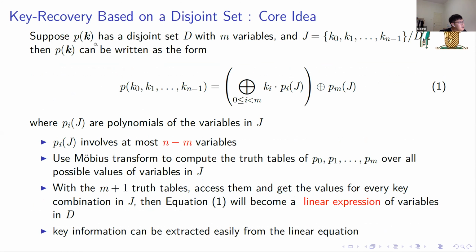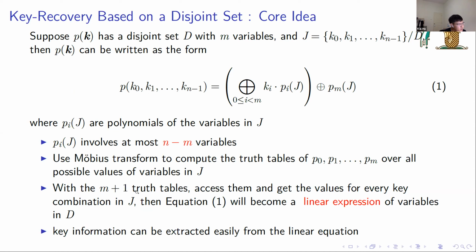Then, if P_k has a disjoint set D with m variables, we can write the polynomial in this form. The P_ij and P_mj involve at most n minus m variables, and then we can use the Mobius transform to construct the truth tables for P_ij and P_mj.